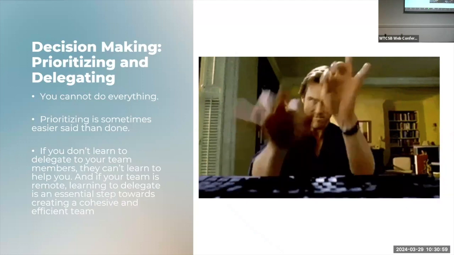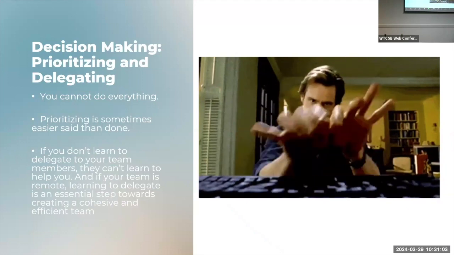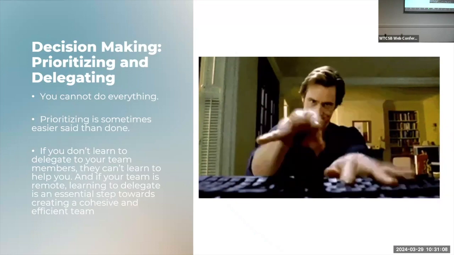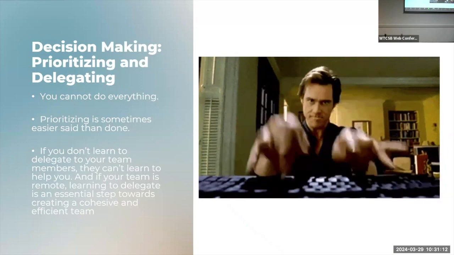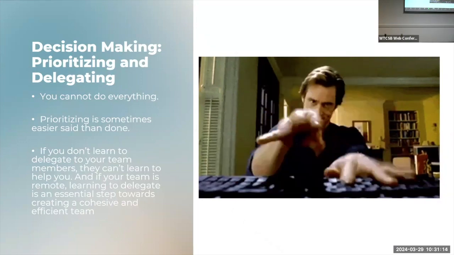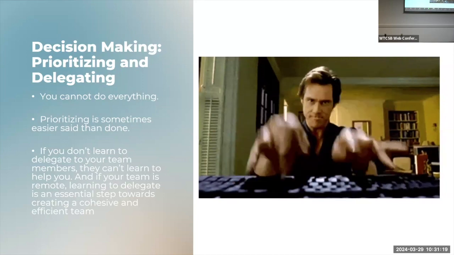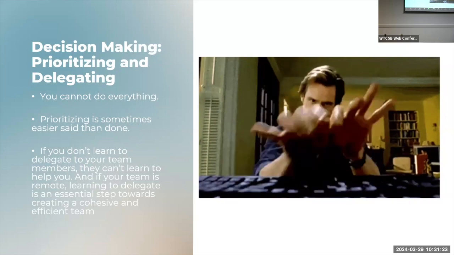So, decision making and prioritizing. There are a lot of us in this room who would feel as though they can do everything, or it's easier for them just to do it and get it done and not ask for help. And there are also some of you who, because of your role, are really good at prioritizing tasks to get things done.